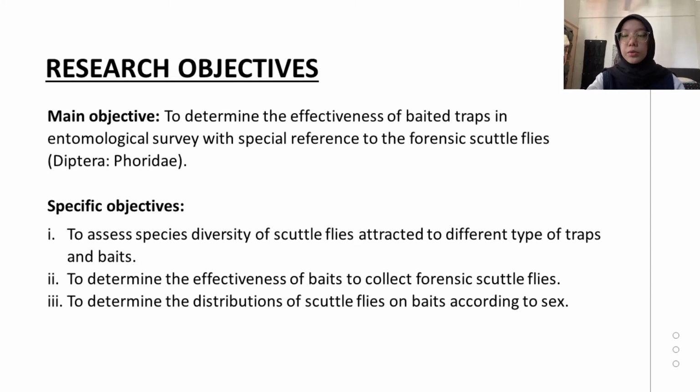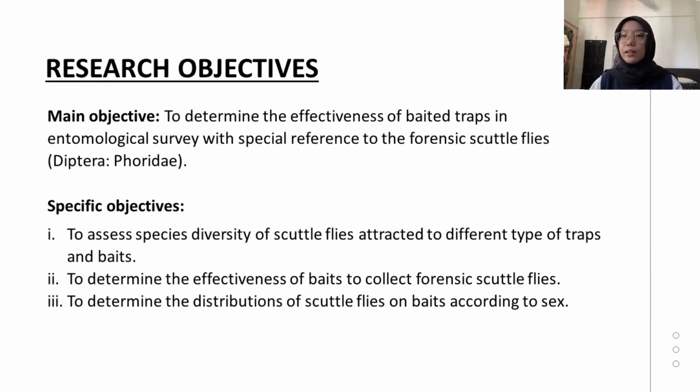To run this research, we will carry out separate experiments based on these specific objectives. First, to assess species diversity of scuttleflies attracted to different types of traps and baits. Next, to determine the effectiveness of baits to collect forensic scuttleflies.